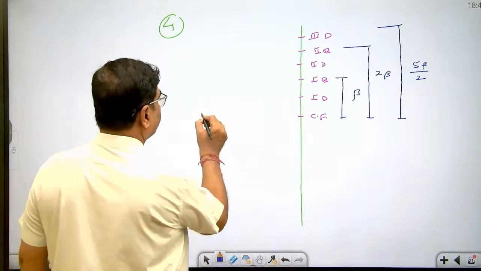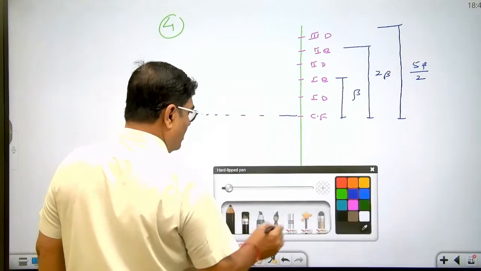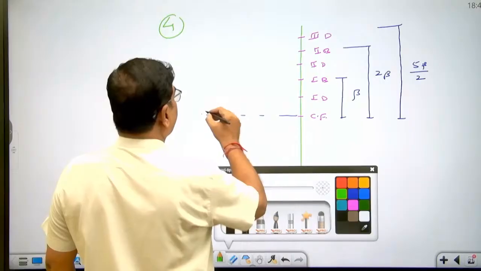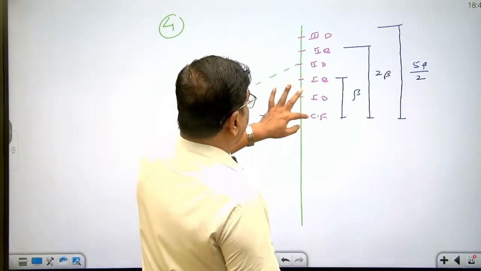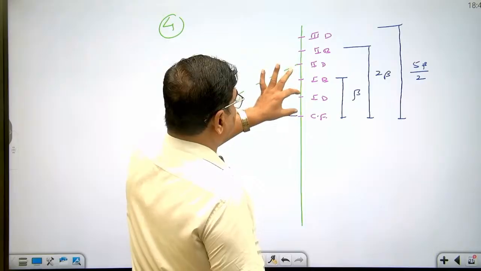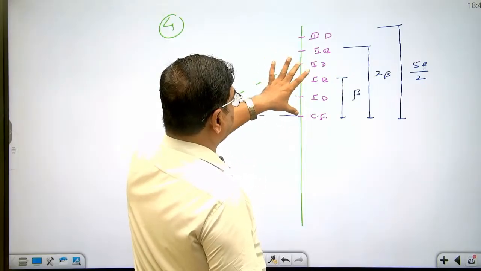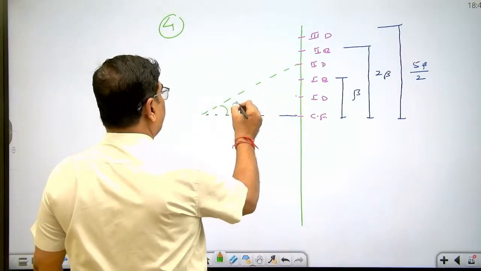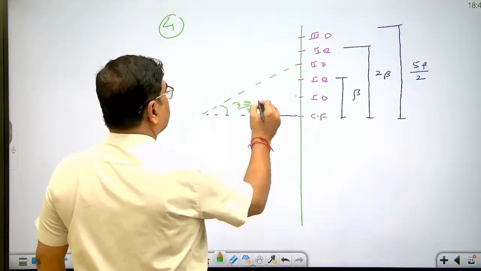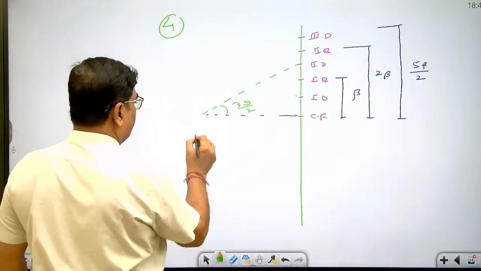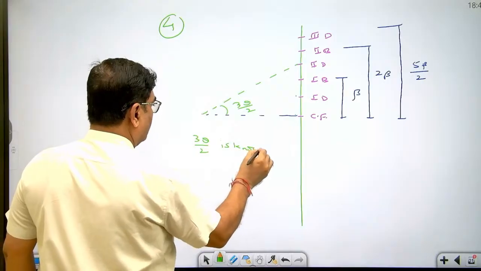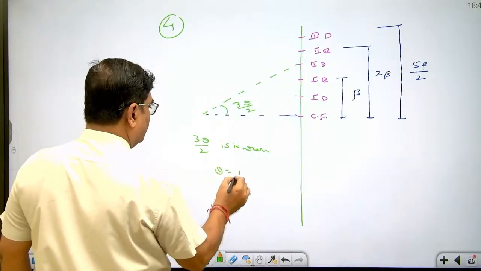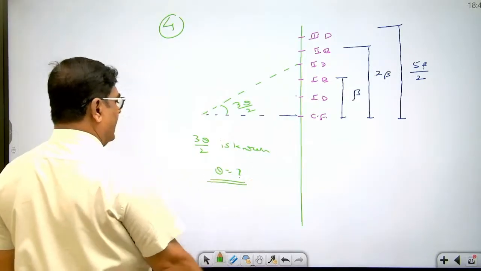Now see here. Suppose in a numerical problem, this is given: central fringe and second dark means beta by 2, beta by 2, beta by 2. This is 3 beta by 2, which means this will be equal to 3 theta by 2. So whatever this angle is, 3 theta by 2 is known, so we can calculate theta, and this theta will be the angular fringe width.